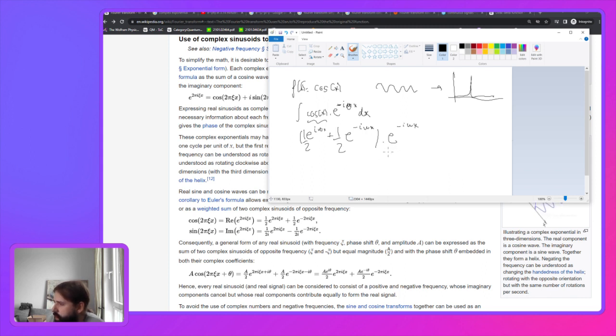And then you do the distribution, right? And then you end up with half of e to the negative, so i times i is -1, but there's a minus, so it's 1. So this is like wx, right? Because we're multiplying, so we're adding the exponents, which basically are 0.